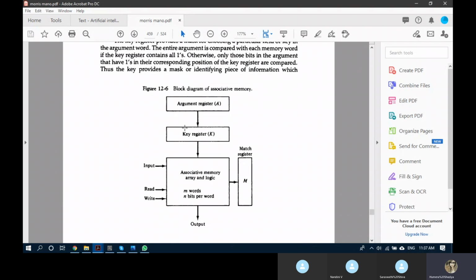In case the key register has ones only for specific positions, only those corresponding positions in the key register and the argument register are considered for matching.